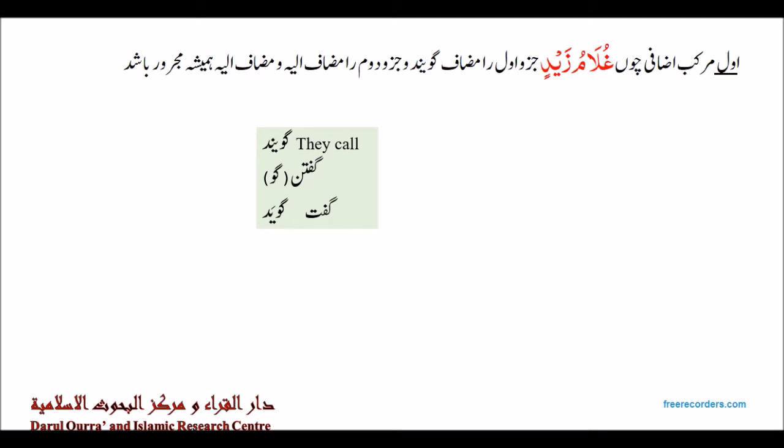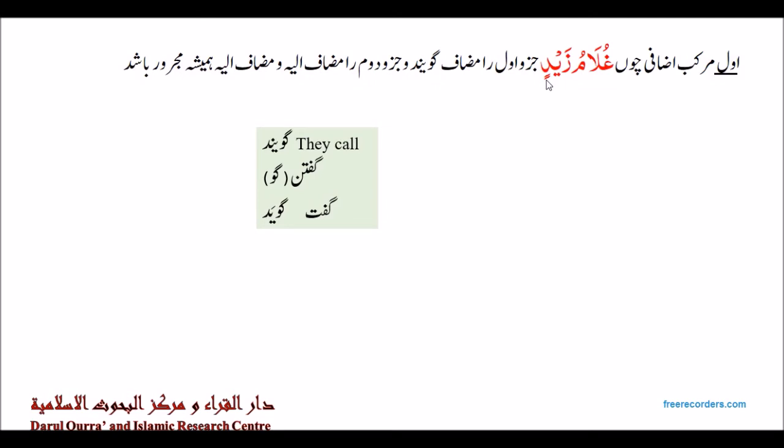Now he also tells you concerning the second part, he says wa mudaf ilay, the second part, hamesha, always, majroor bashad, is majroor. Bashad means is, majroor meaning that it will be in that state. In other words, it will have a jar at the end, it will have a kasra at the end. Now when a word is majroor, it doesn't always have to have a kasra. Certain words will have a kasra at the end when they are majroor.